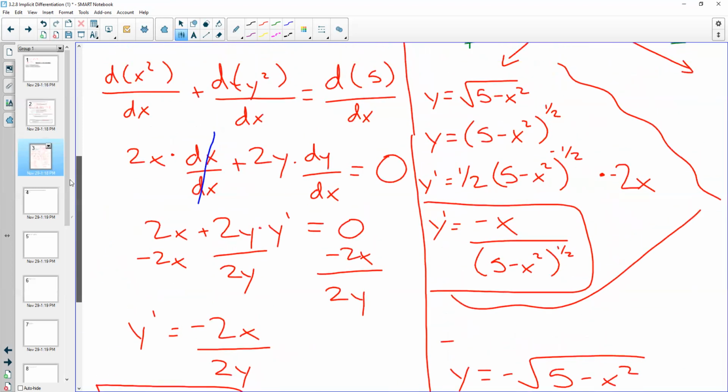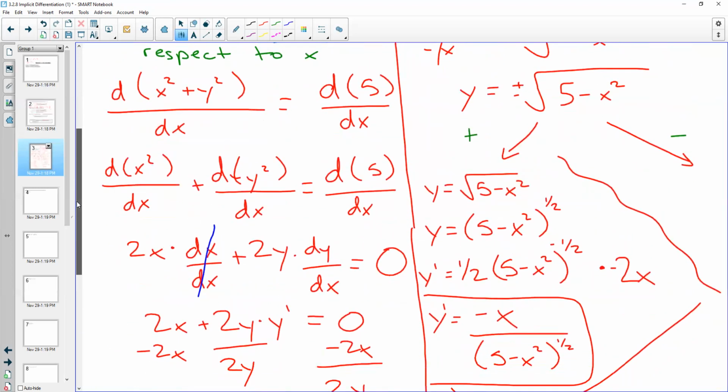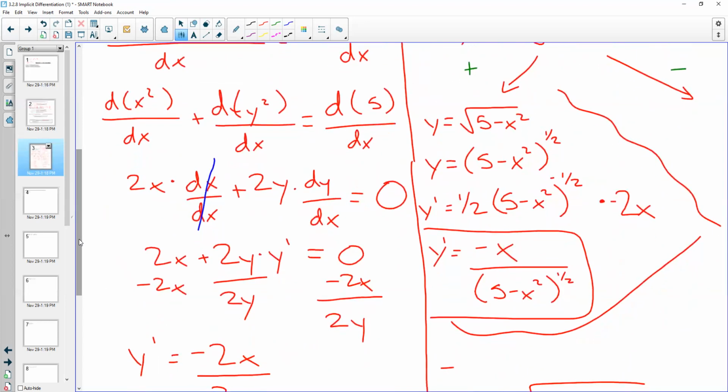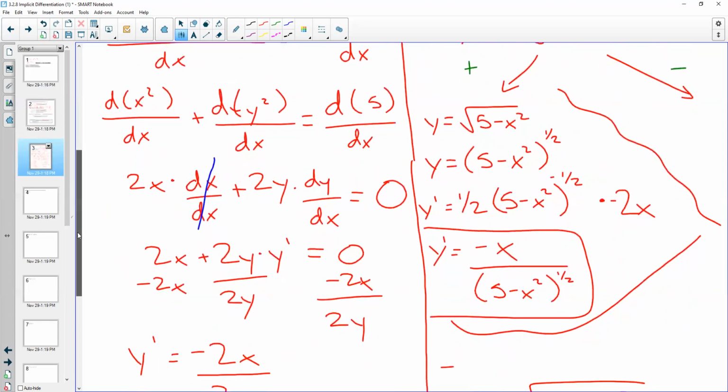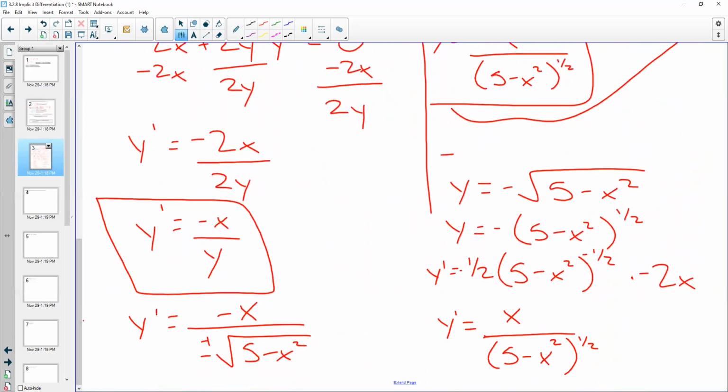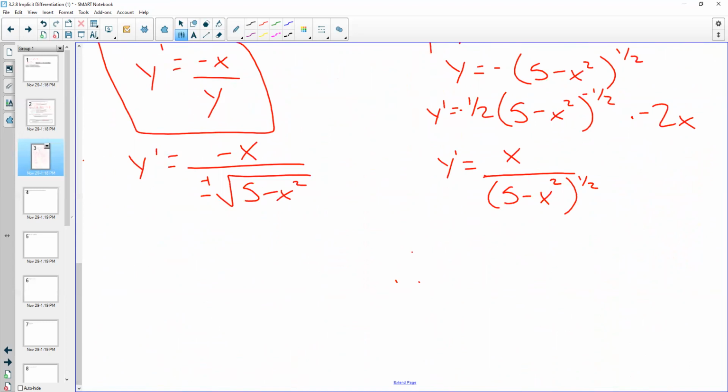And then we also have our positive case, y prime is equal to negative x over 5 minus x squared to the 1/2. So therefore, y prime is equal to plus minus x over the square root of 5 minus x squared. And those are the same there. Good.